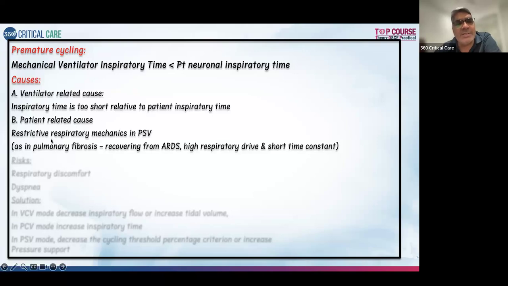Patient related causes are restrictive respiratory mechanics in pressure support ventilation, such as lung fibrosis, where the patient goes into expiration very quickly because of the lung mechanics, recovering ARDS, high respiratory drive and short time constant. In those cases you can have very premature cycling.